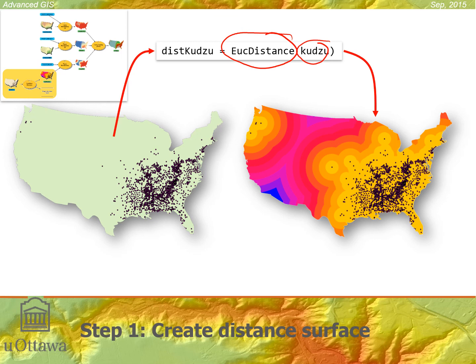Even a little more than that if they're on the diagonal, right? So we get dist Kudzu, and we then have a distance layer, which you can see here is just categorized with orange all the way to purple. Purple is very far away. Pink is very far away too, and the bright orange are very close to existing Kudzu observations.